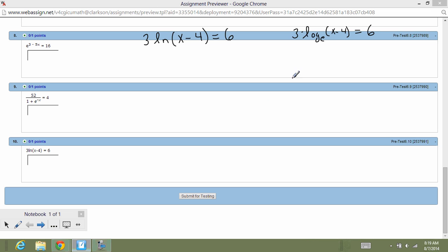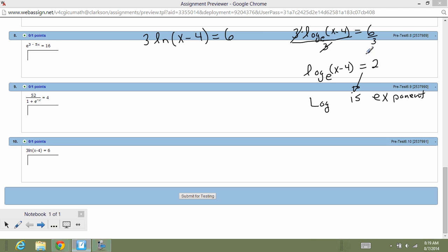This multiplied 3, I'm going to divide that out, moving towards determining x, just as you would in any algebra situation. And of course, 6 divided by 3 is a 2. Okay? Now, the idea you need to use is that a log is, as in equal sign, an exponent.